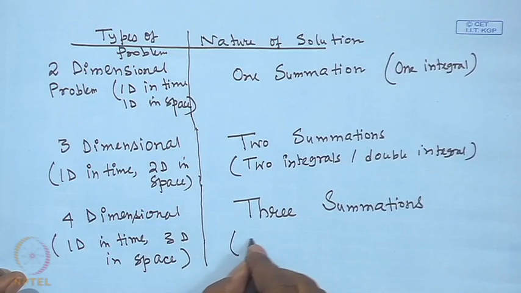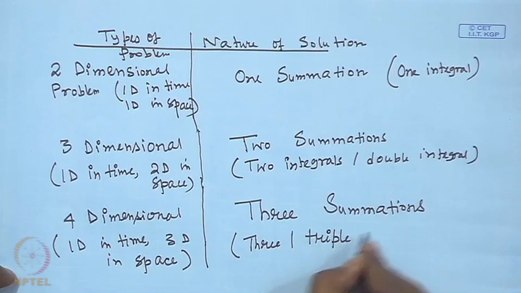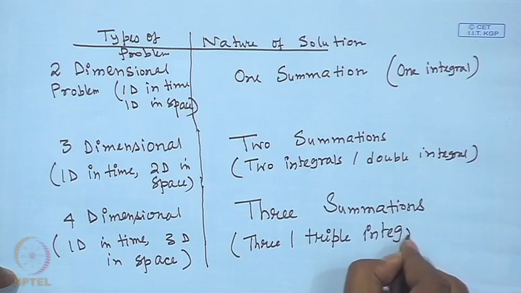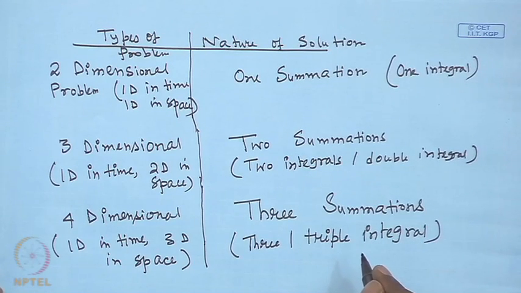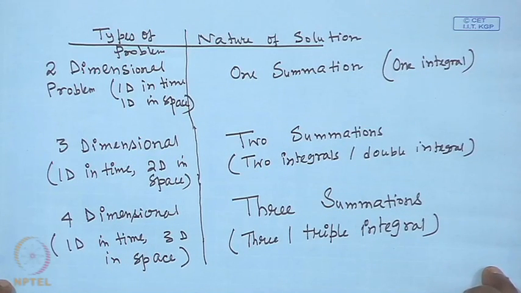In case of 3 summations, we will be having 3 integrals or a triple integral to evaluate the final solution. So, you just see how the nature of the solution changes as the problem varies. For a 2-dimensional problem, we have 1 summation in the final solution. For a 3-dimensional problem, 2 summations. For the 4-dimensional problem, 3 summation series, and we have 1 integral, double and triple integral to evaluate the final constant.